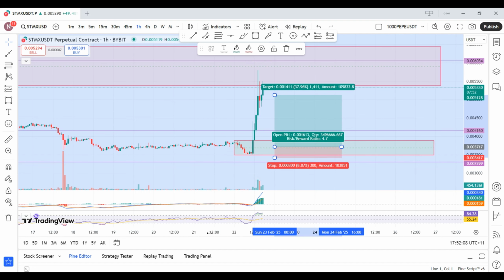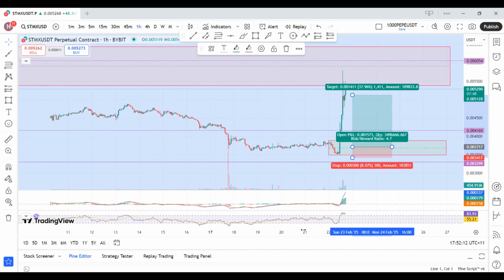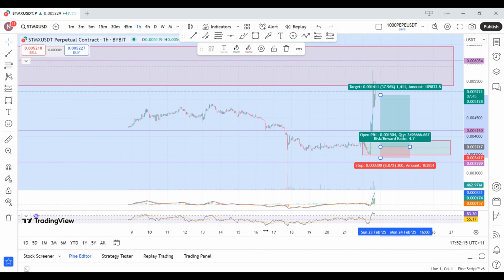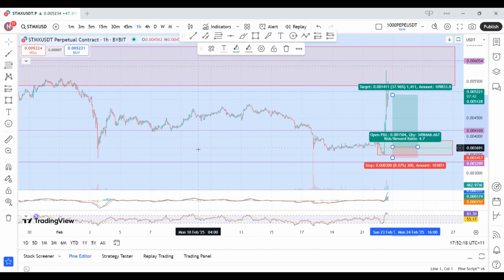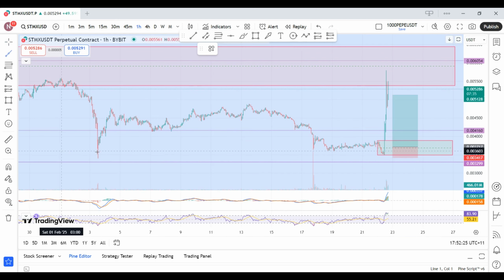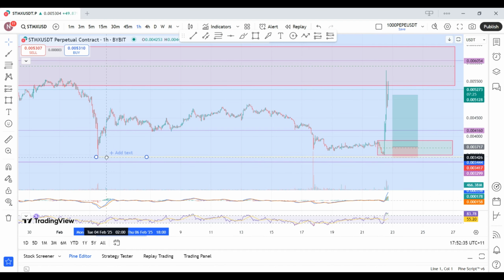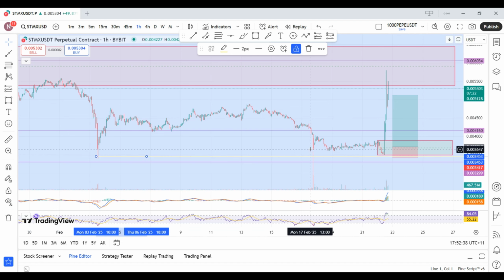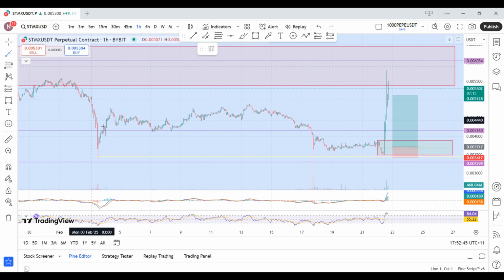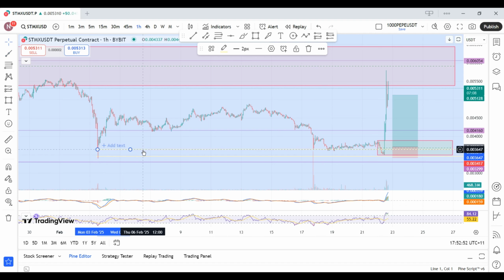But in this case, there's a resistance line here that I drew previously. I'm just going to draw another line here, around here, because this area and this area didn't manage to touch, but also I could draw another support line basically like here because it didn't manage to drop down past this line.